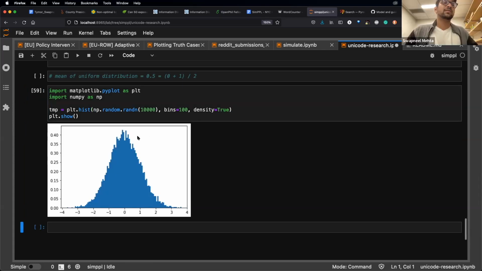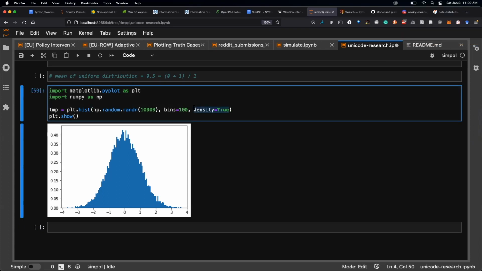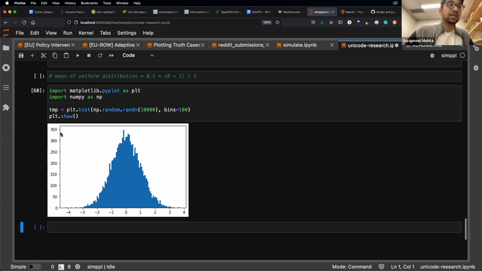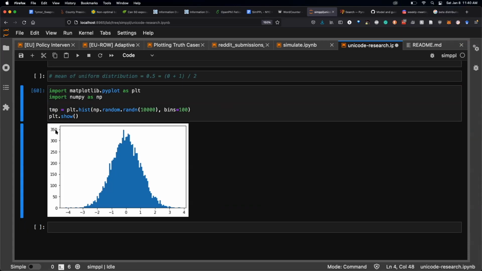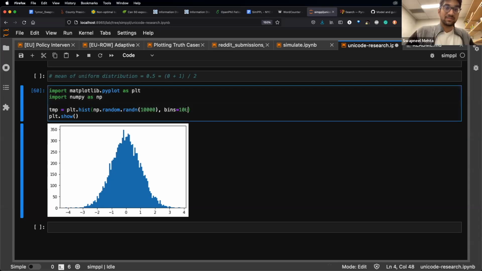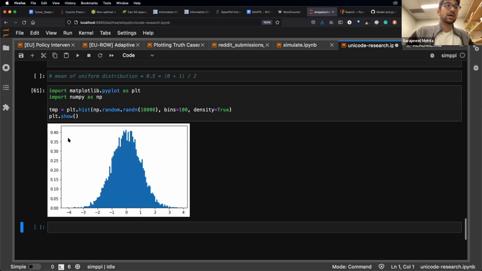Now this is a probability distribution. The reason I was saying that before it wasn't is because the y-axis was not a probability. Now this 0.4 is actually a probability. So you're saying at somewhere around 0, roughly the probability is 0.4.